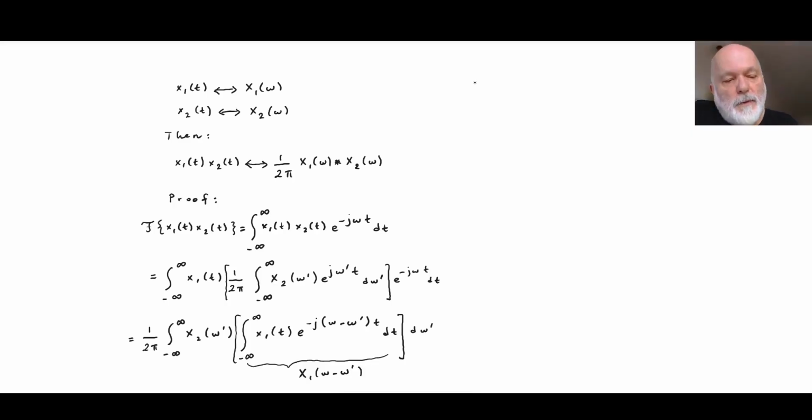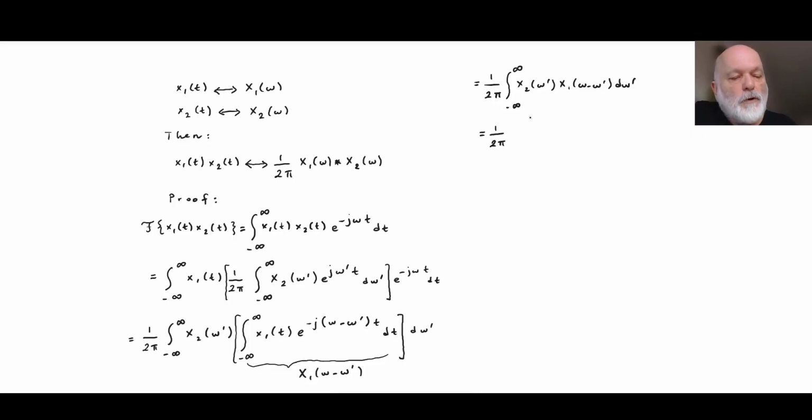So we recognize the integral. Let us write it once more. 1 over 2 pi from minus infinity to plus infinity x2 of omega prime x1 of omega minus omega prime d omega prime, but we recognize the integral as the convolution integral.